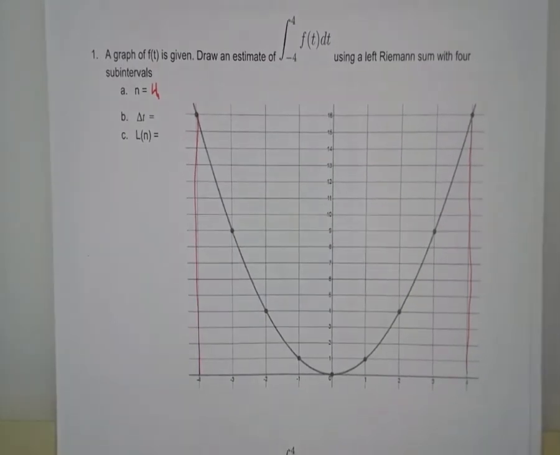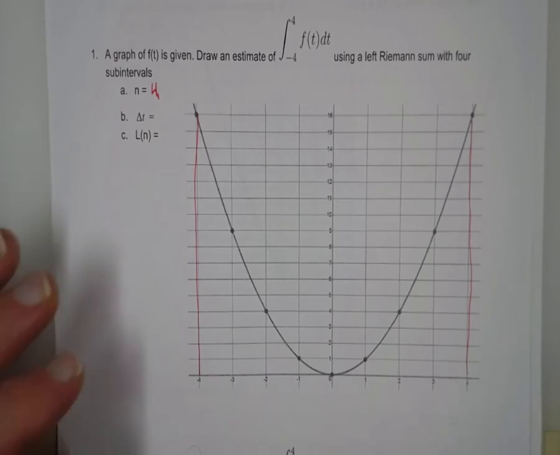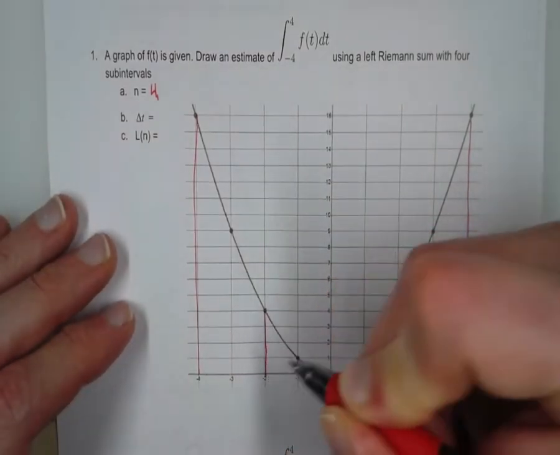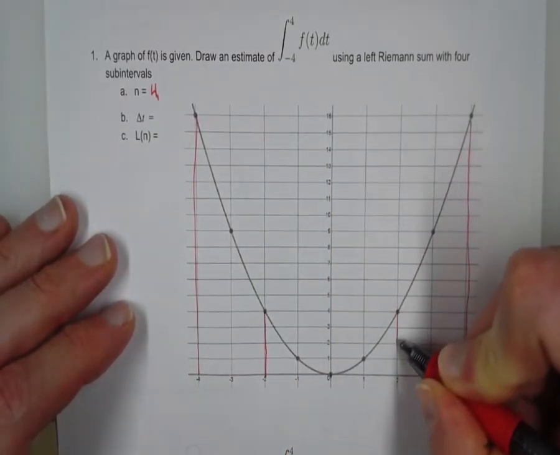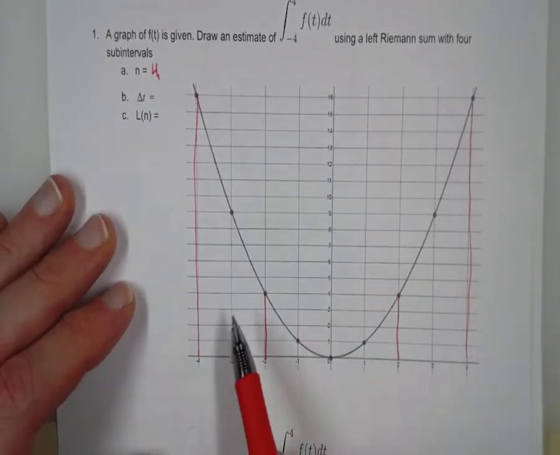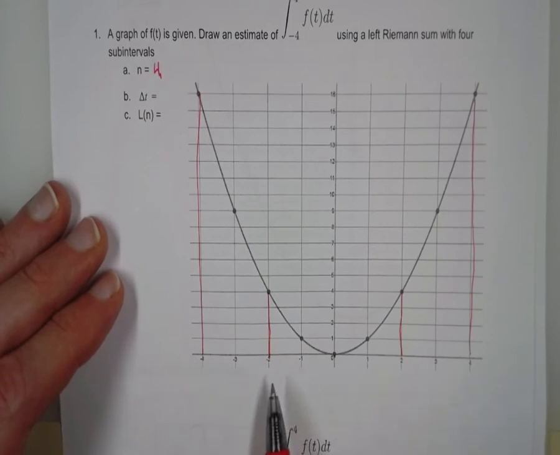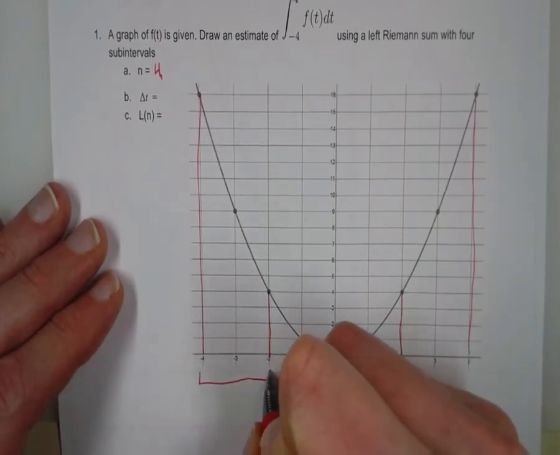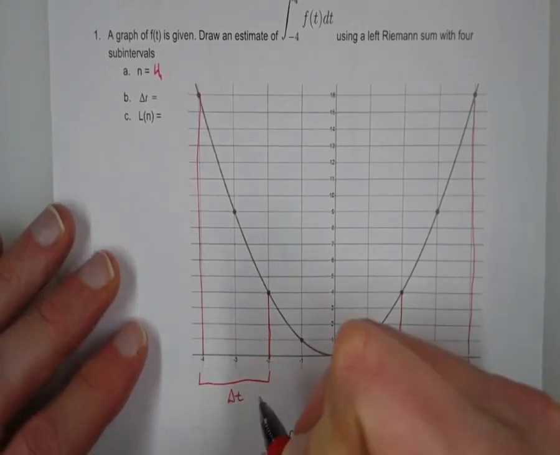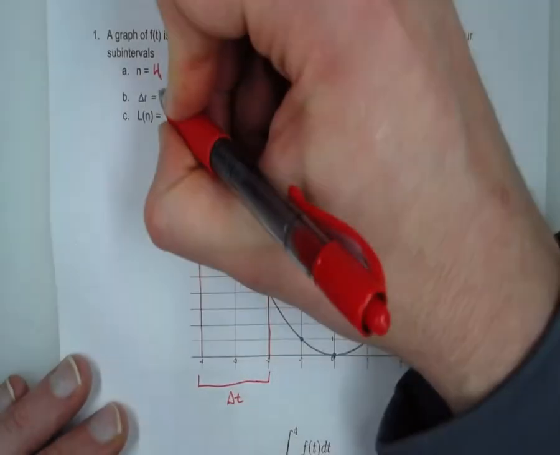Now with Riemann sums, when you're given a function, you usually want equal subintervals. So I'm going to break it here, here at 0, and then here at 2. So these are my 4 intervals. Now, how wide are each of these intervals? That is the delta t, since that's the variable we're using. So that is 2.